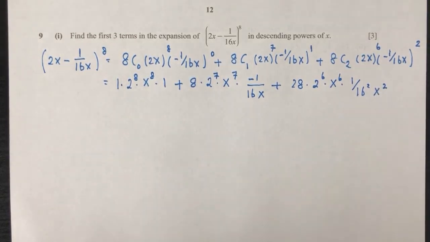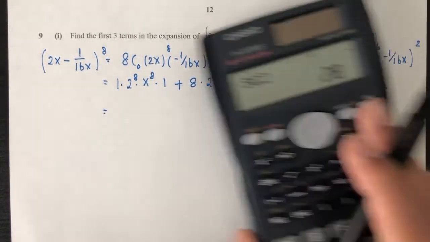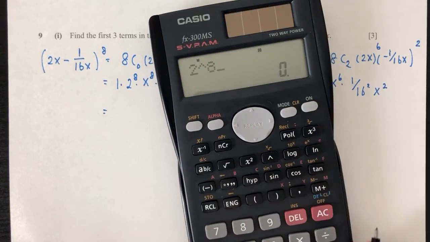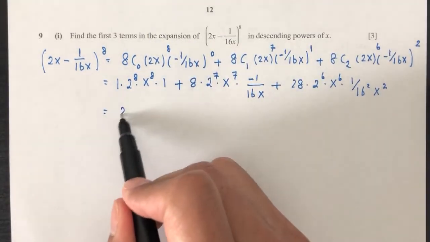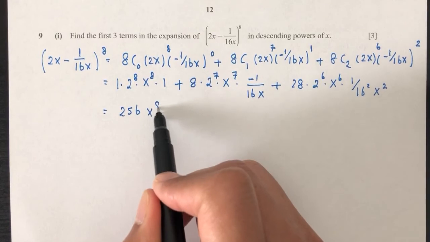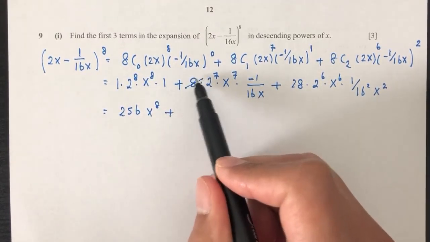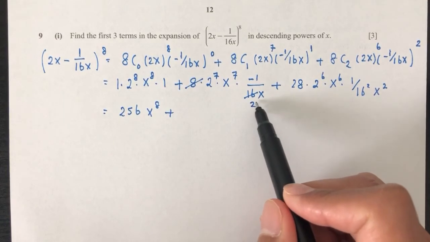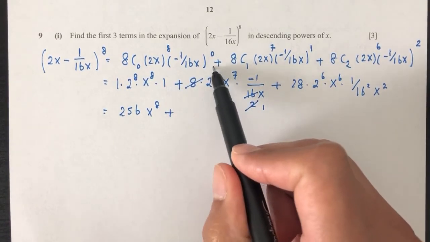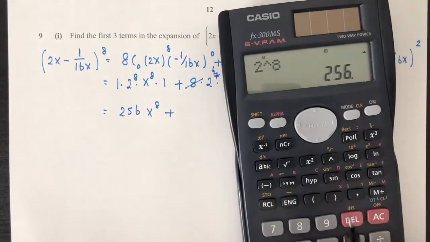So let's simplify one by one. So for the first one, what is 2 to the power 8? 2 to the power 8 is 256 x to the power 8. And this one we can simplify, so we have 8 here, cancel, becomes 2, 2 cancel, becomes 6. So what is 2 to the power 6?